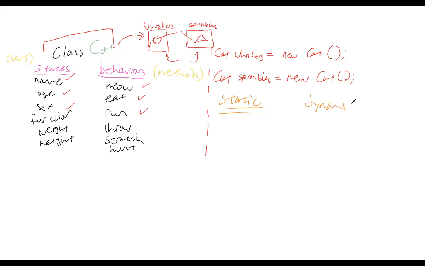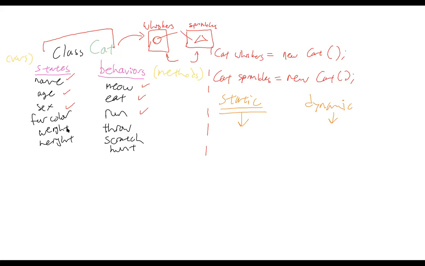This is a very core thing in coding in general, the idea of static versus dynamic things. Static means that they don't change. Dynamic things means they do. When we describe a variable as static, it means it will not change between each instance.